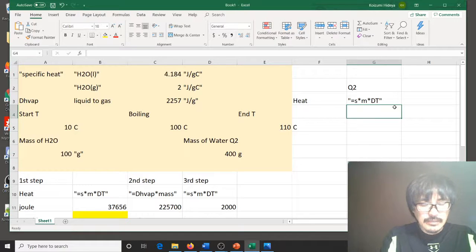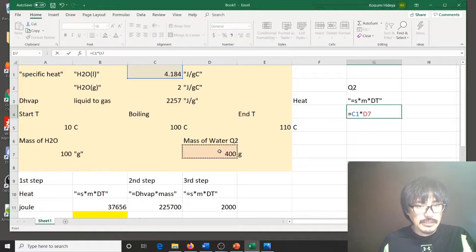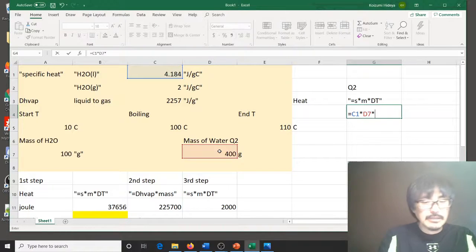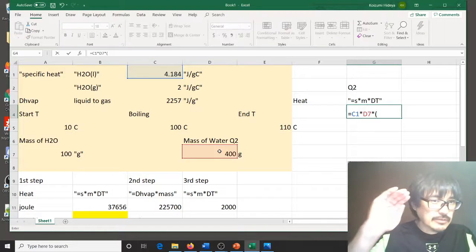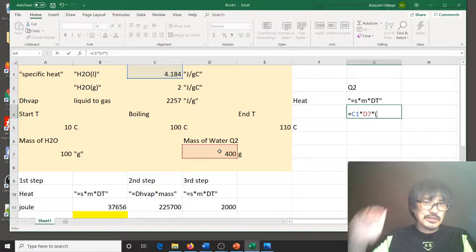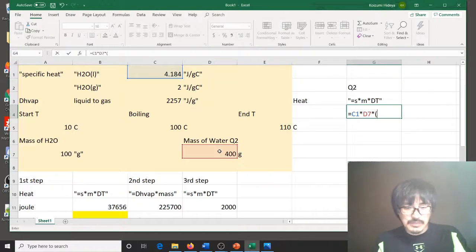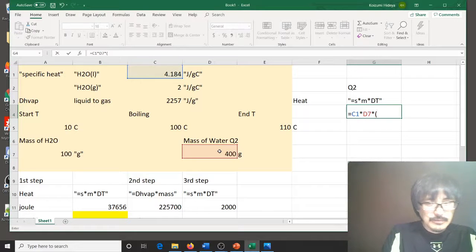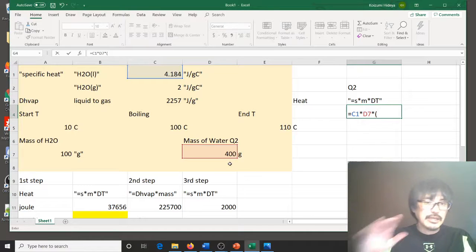So I'm going to do that, which is equal to specific heat of water multiplied by the mass of the water multiplied by the temperature change. For this particular case, you're going from 0 degrees to 37, or 37 to 0, depending on the point of view of the water or the point of view of the body. But in this particular case, the mass of water is 400, right? So we're dealing with the water.